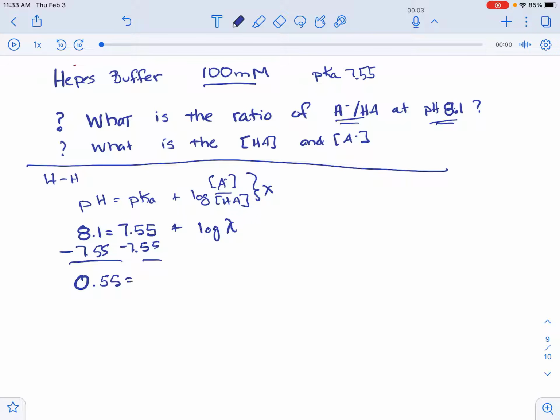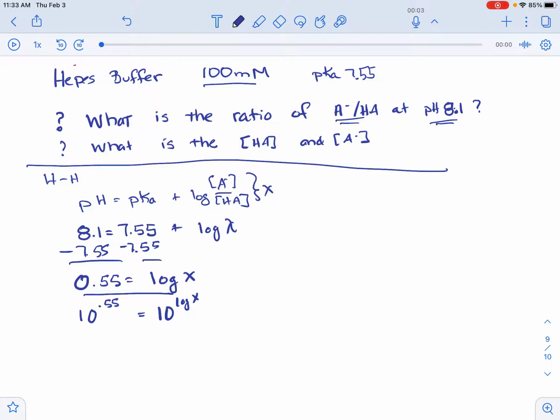So 0.55 is equal to the log of x. Now this may be a little unfamiliar, you might not remember how to do this, but if you need to solve for x and it's in a logarithm, if you raise that logarithm to the power of 10, you get what's in it, because they are inverse functions. So 10 to the log of x, when the log is base 10, gives you x. And then we have to do the same to the right side of the equation.